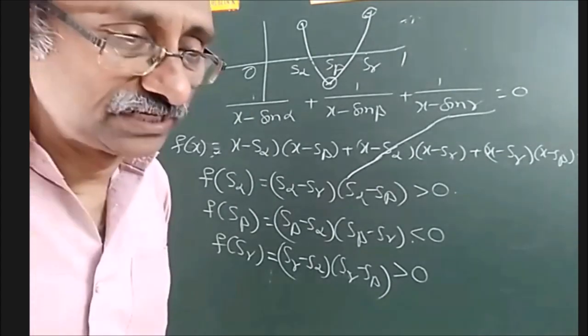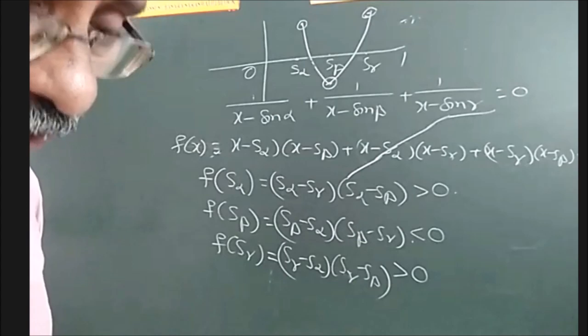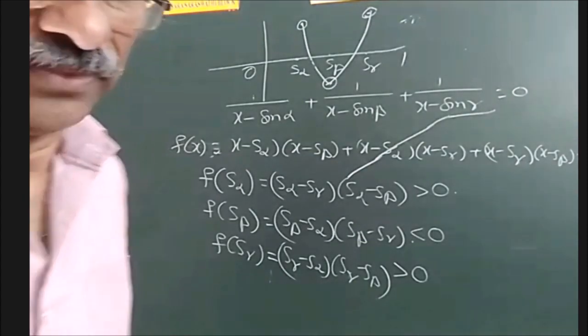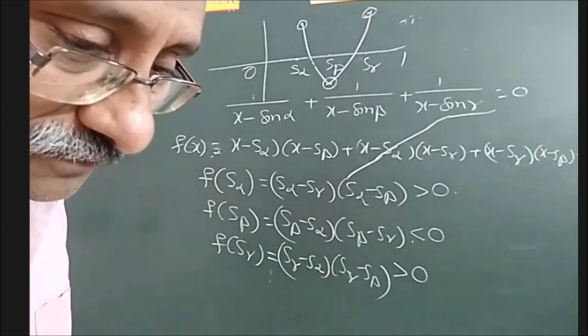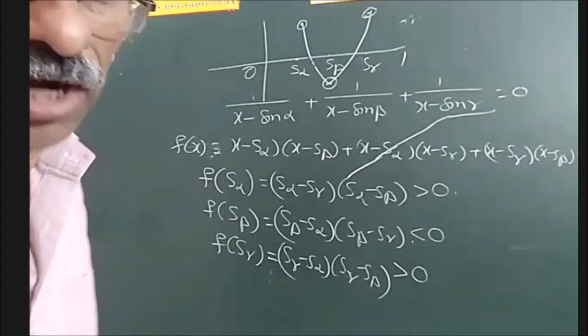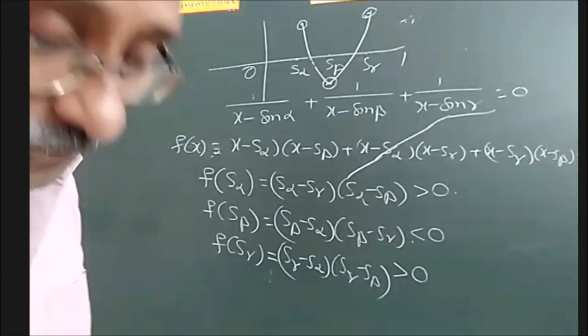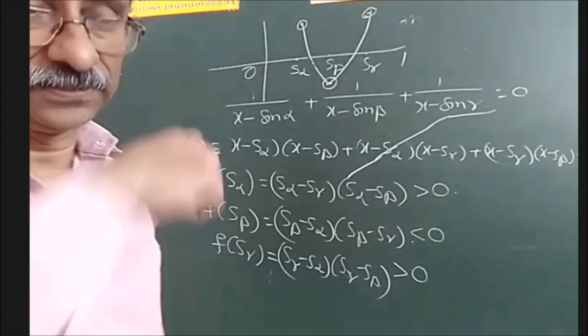So the interval must be a closed interval. Sir, why can't we consider it? When an open interval is there, then what can you say about f of a and f of b? You are saying open interval means you are not defining at a and b. Okay, sir. So definitely you have to say closed interval, right?